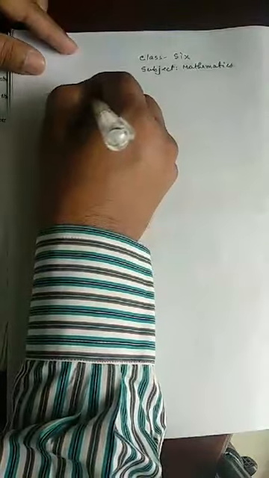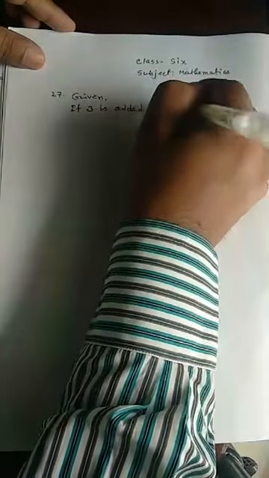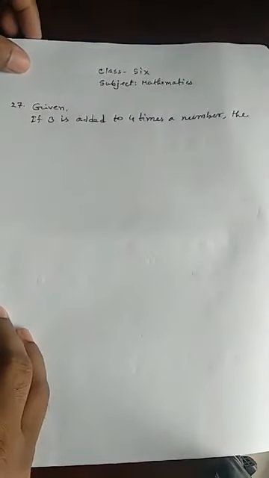Number 27 I am solving. My dear students, if you have any problem, just ask me. Given: if 3 is added to 4 times of a number, the sum will be 23.